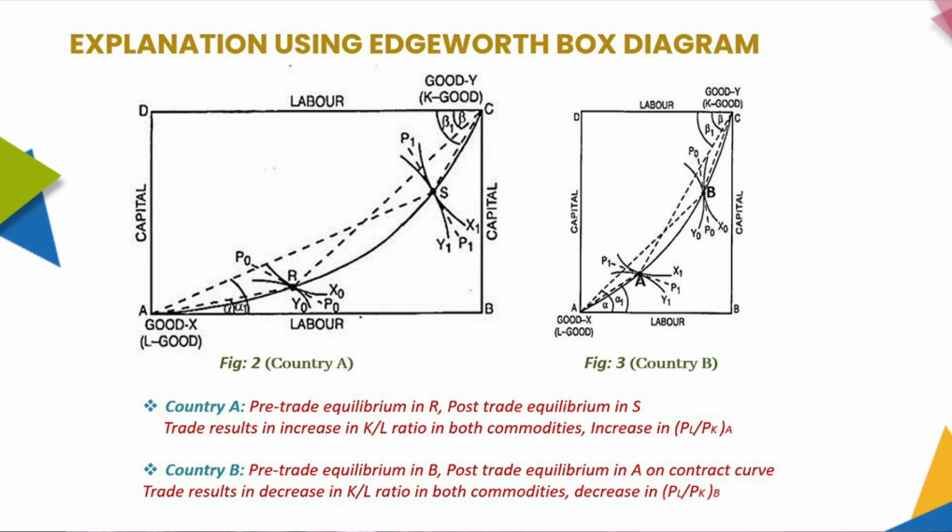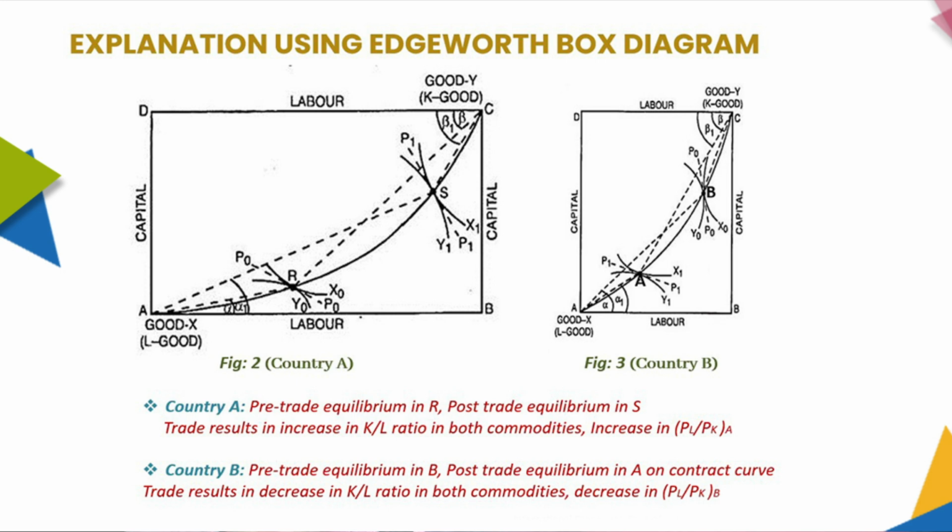Now, trade results in an increase in the capital labor ratio. If we look at the slopes of the lines AR and AS and CR and CS, we'll find that the capital labor ratio increases in country A for both commodities.